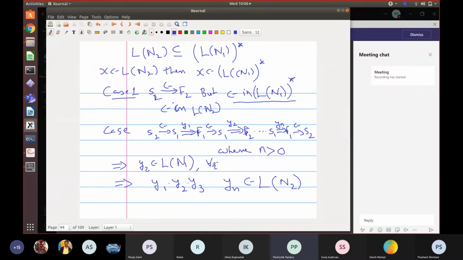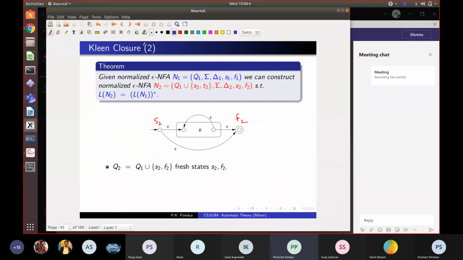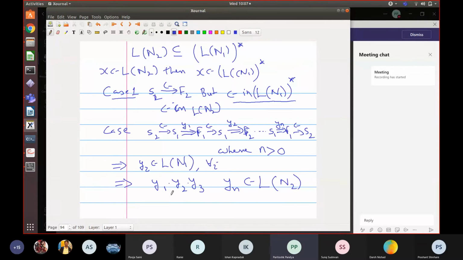Because on this catenation, we have an accepting run of N2, which looks like this. But since each yi belongs to the language of N1 and I have a finite catenation of words from N1, I also know that y1 dot y2 dot y3 catenated yn belongs to the language of N1 star, by definition of the language of N1 star.